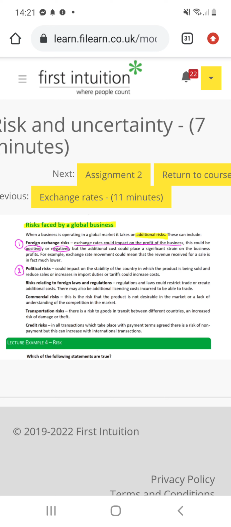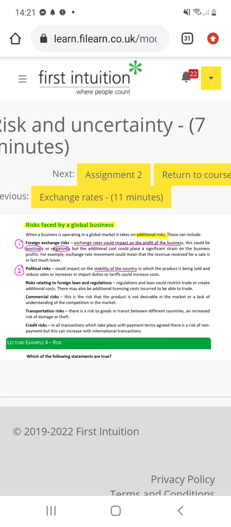There are also political risks. It could impact on the stability of the country in which the product is being sold. It could reduce sales. It could increase import duties or increase tariffs, and this would increase costs for a business. So, another key risk.